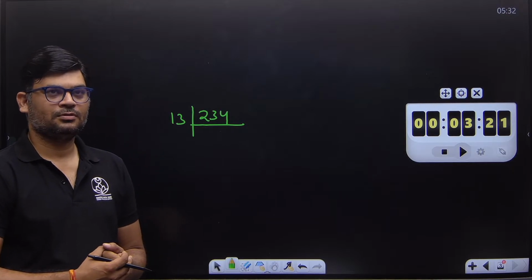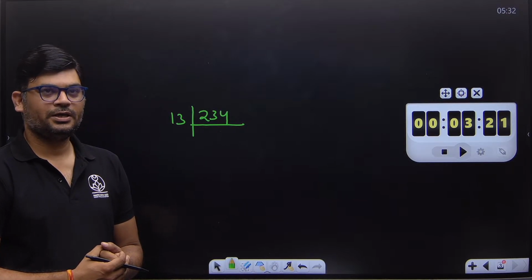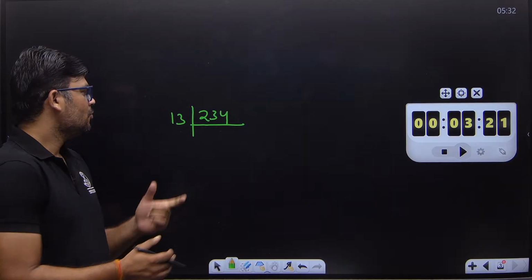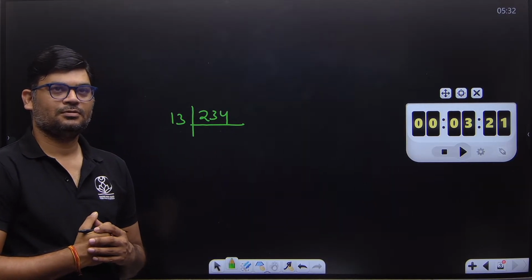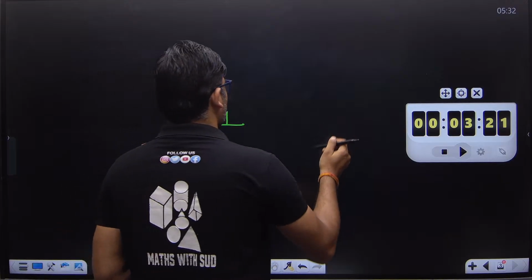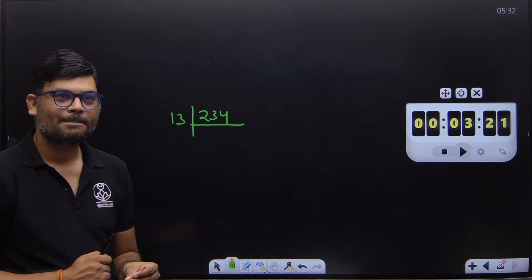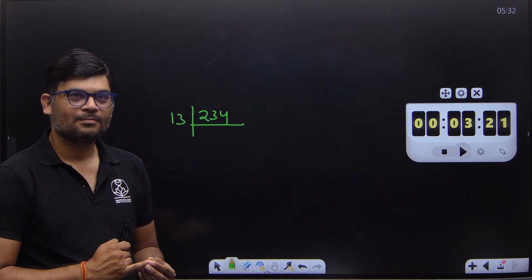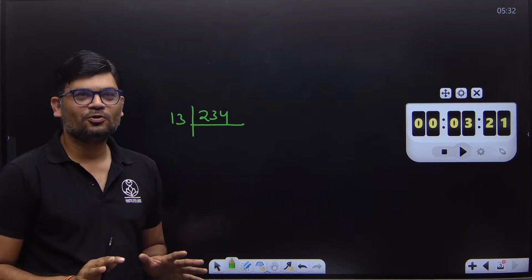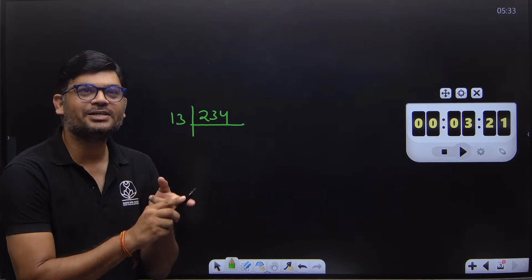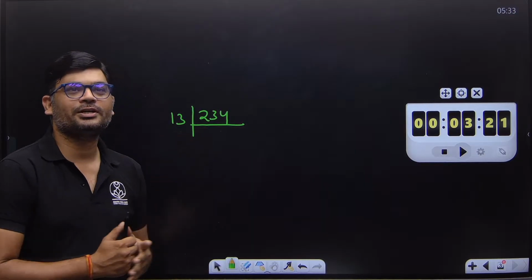If you do it the normal way, 234. So what is the first number I should write? Think about the answer. I'm not asking how to divide. I know you know how to divide. I'm asking what is the first digit that will come in the quotient.